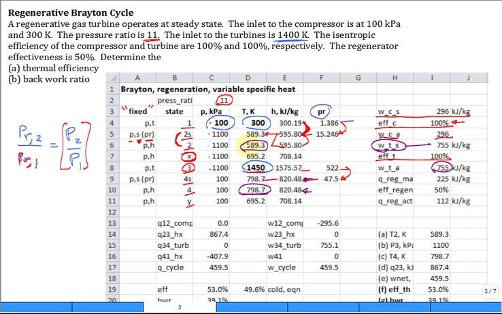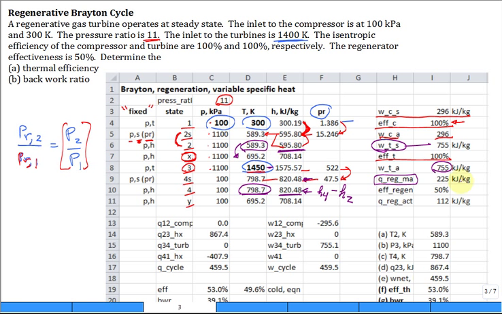So before I burn the precious fuel to bring it up to 1450, why don't I try and bring up the temperature using that regenerative heat exchanger as much as possible? So we say the delta h right here is the maximum, true, because it's the regenerator. The maximum Q in the regenerator would be h4 minus h2: 820.48 minus 595.8.